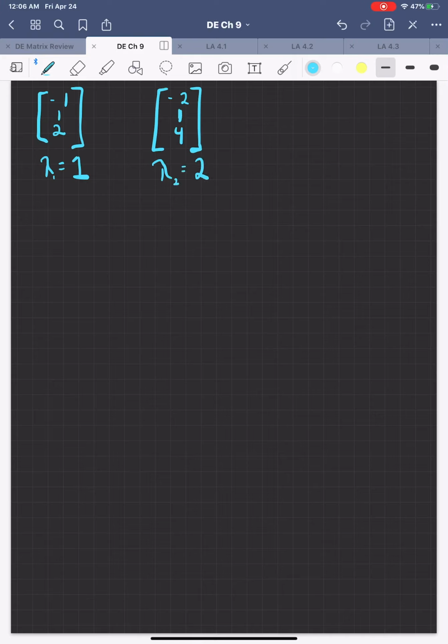Now I'm going to go ahead and give you the other two eigenvectors. So we had negative 1, 1, 2. This is given an eigenvalue of 1. We would have, and you can verify this on your own, negative 2, 1, 4. This would be when you have an eigenvalue of 2.